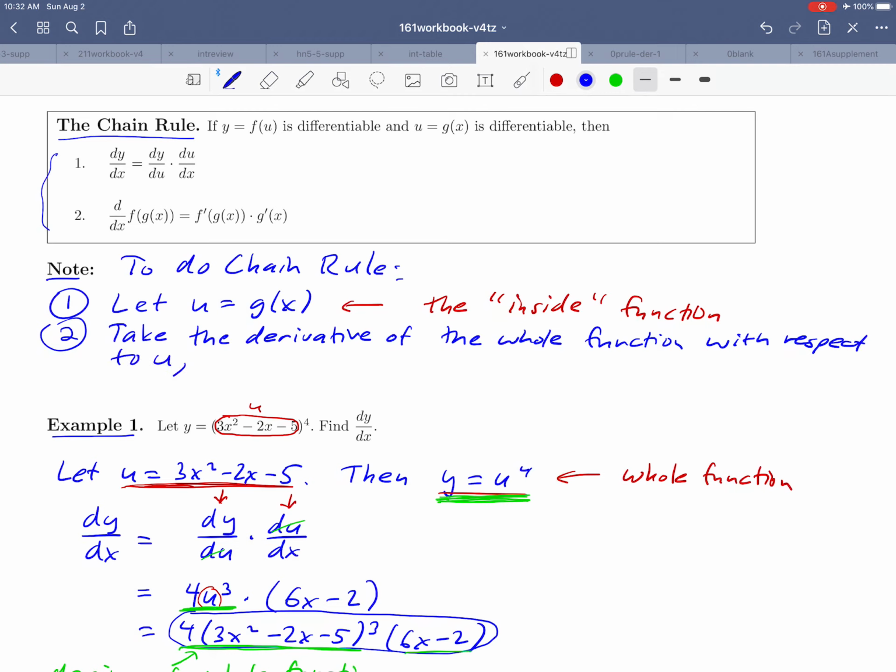And then we multiplied by the derivative of the u with respect to x. So every time that we do a chain rule problem, you're going to see these two steps every time we apply the chain rule.